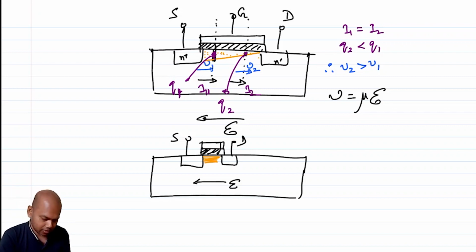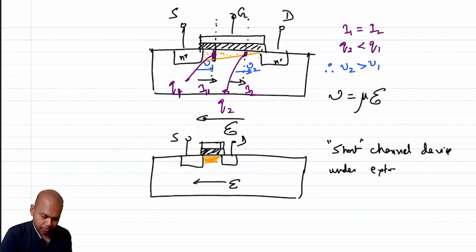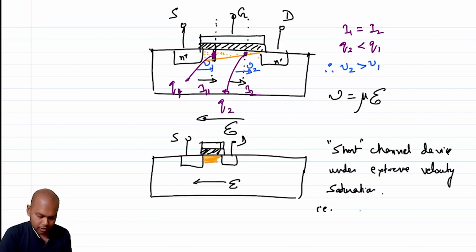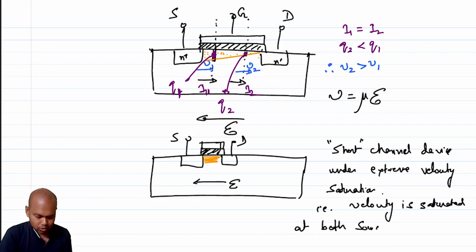So we should call this a short channel device under extreme velocity saturation, i.e., velocity is saturated at both ends, source and drain ends. I should always caveat it, because short and long are relative terms.